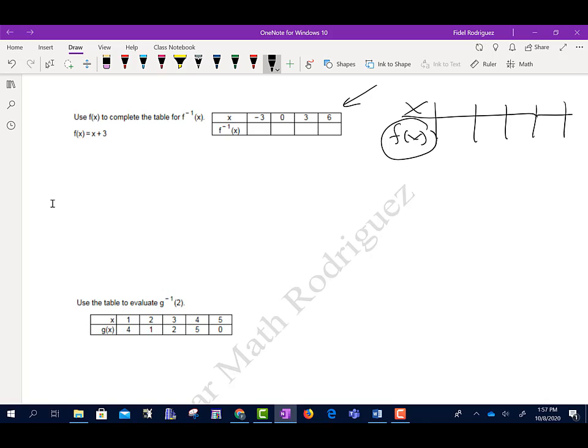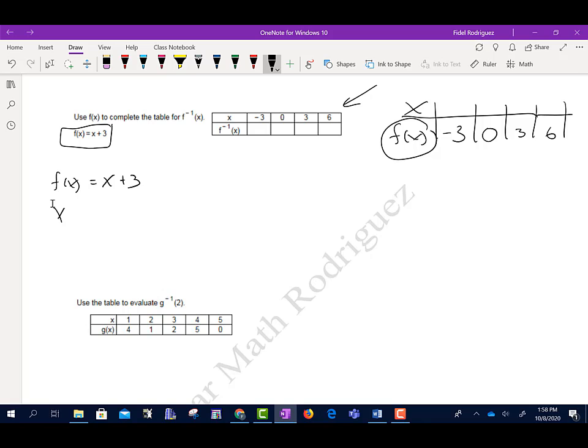So what I'm trying to figure out is, here's my function f of x is equal to x plus 3. I want to figure out what number I have to plug in for x so that this number here was -3, this number here was 0, this number here was 3, this number here was 6, right?